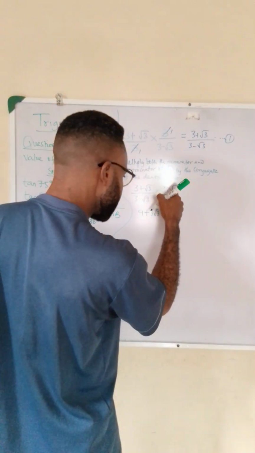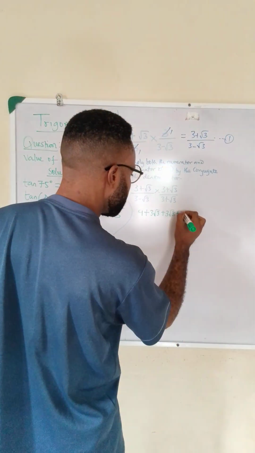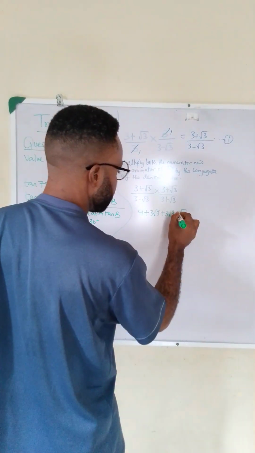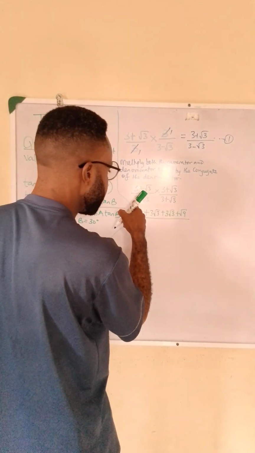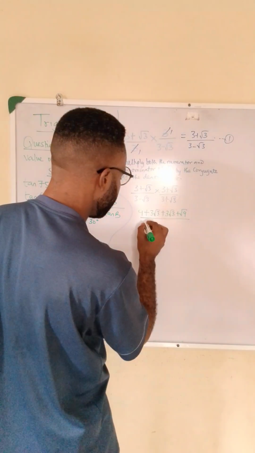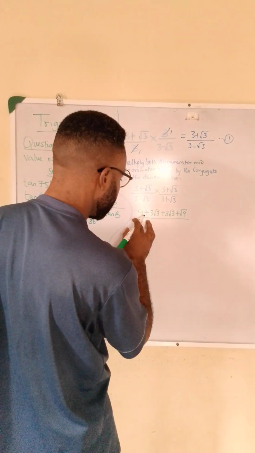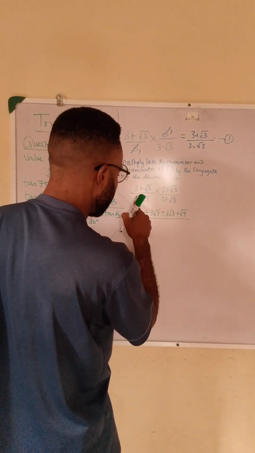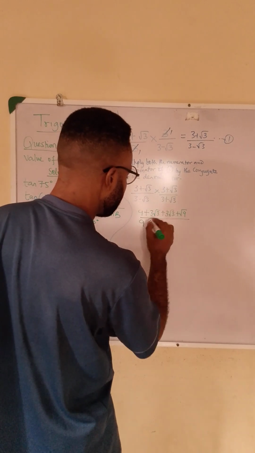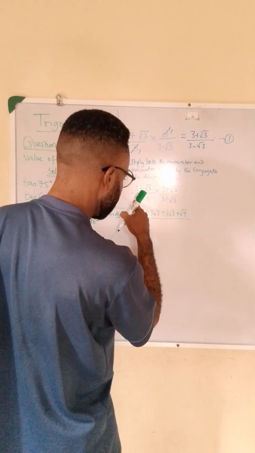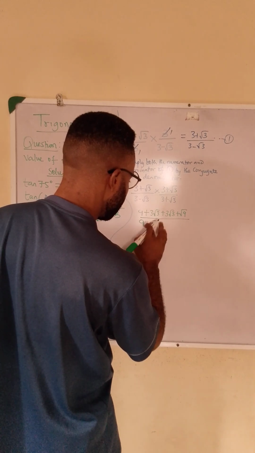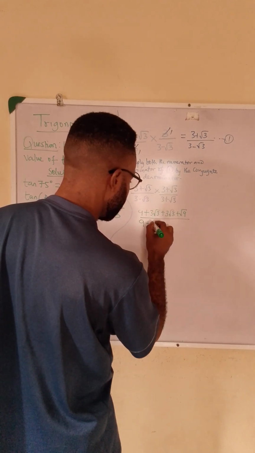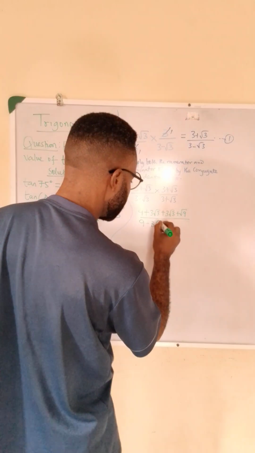Root 3 times root 3 will give us plus root 9, which is the square root of 9, that is 3. Now for the denominator, 3 times 3 is 9. 3 times root 3 will give us plus 3 root 3.